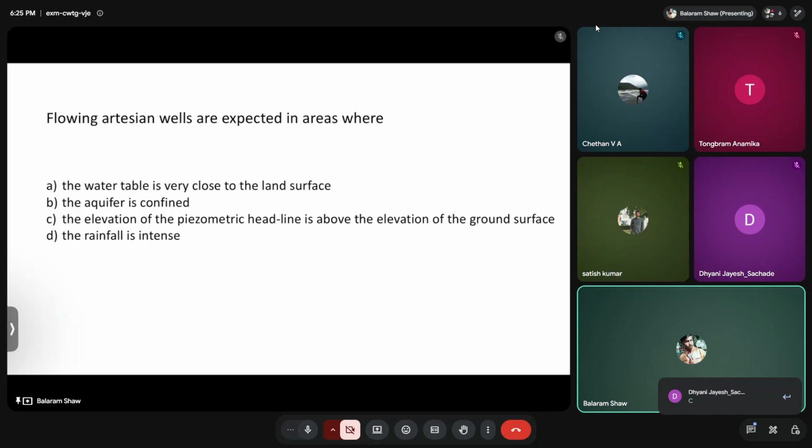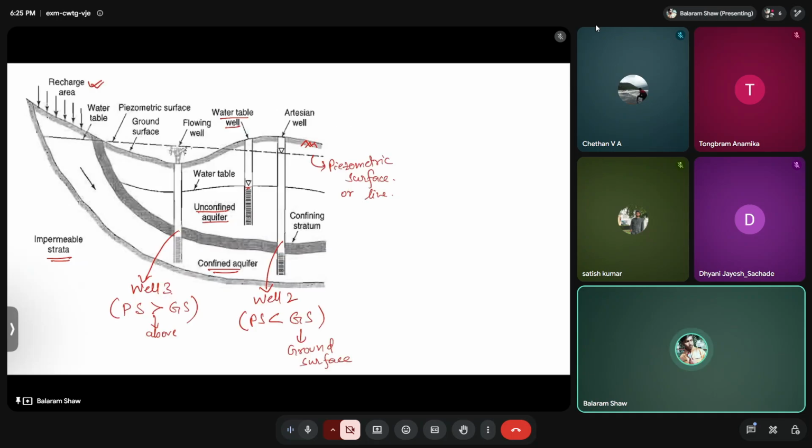Okay, just now we have seen this, or I have explained this. So what do we mean by flowing artesian wells? We just saw one diagram here. So here you see, I said that we can call this the piezometric surface or piezometric line. If the piezometric surface is above the ground surface, this is the ground surface, right? Then what is happening?